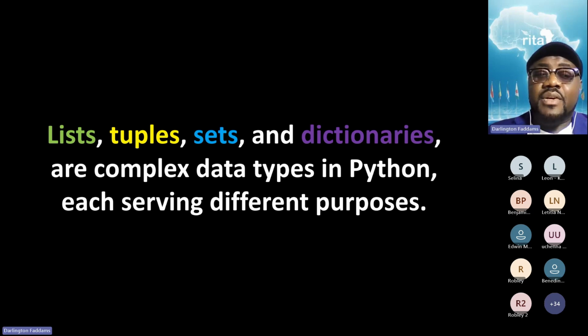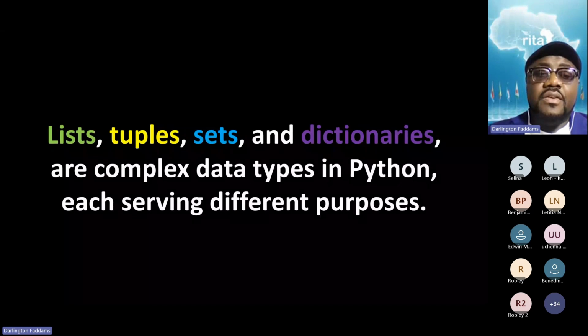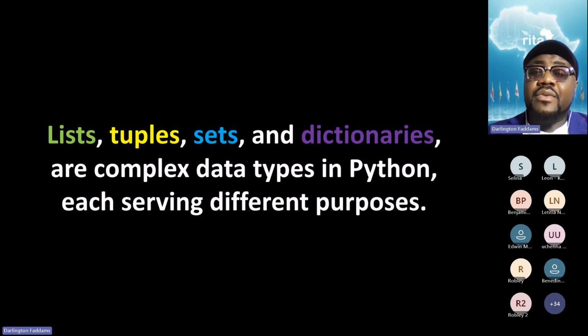So the first one, we call it lists. Then we have tuples. Some people pronounce it as tuple. I think it is tuple. And then we have sets, and then we have dictionaries. So these are 4 data types, and these are referred to as complex data types in Python, and each serves a different purpose. All right. Now, these 4 containers allow you to store data, just like the data types we covered previously.